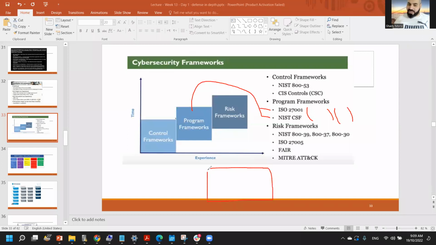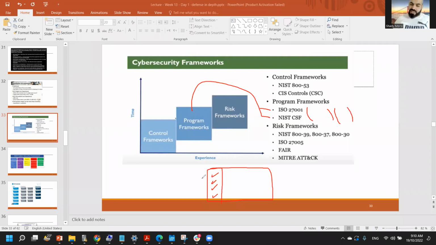And when you build the program, the early beginning of any program in information security is basically telling you about your assets, your threats, your vulnerabilities and your risk. How do you do this, okay? So in order to be very organized and implement risk in a proper way within your organization, don't reinvent the wheel.